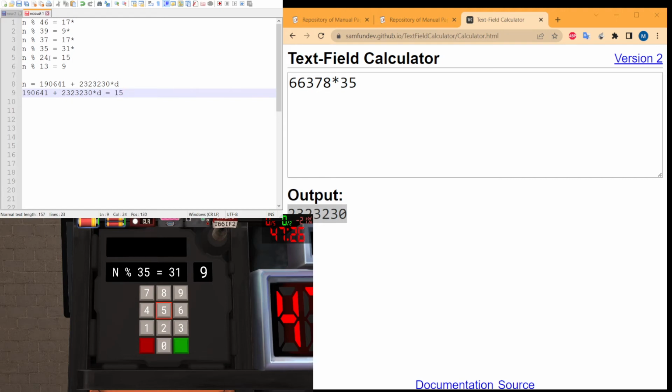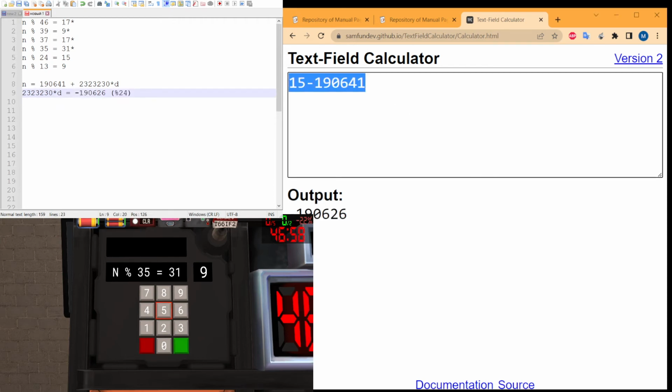Next is 15, and it was modulo 24. So 15 minus this number. Okay, now putting it into the range of 0 to 23.